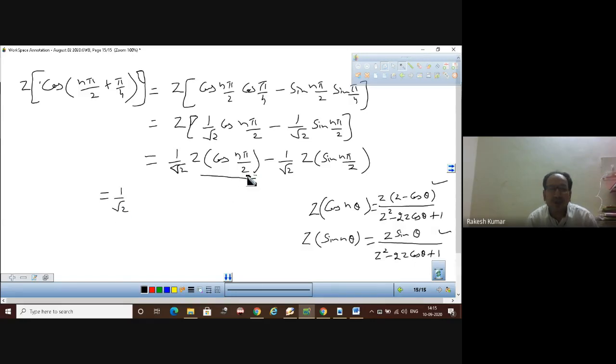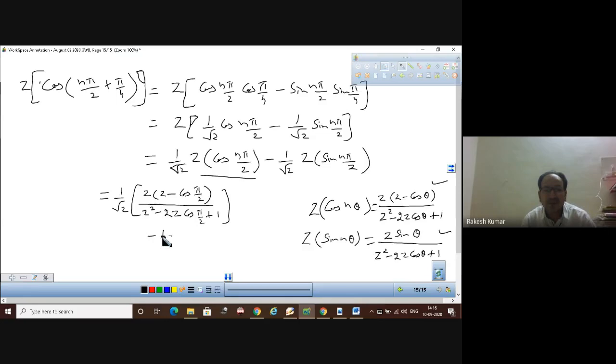Just see this formula, Z transform of cos n theta. And what is theta here? This is pi by 2. So you can substitute the value by using the formula: Z into Z minus cos of pi by 2, divided by Z square minus 2Z into cos of pi by 2 plus 1.